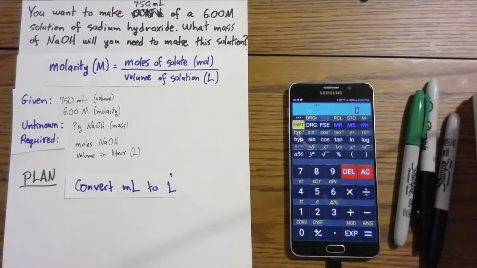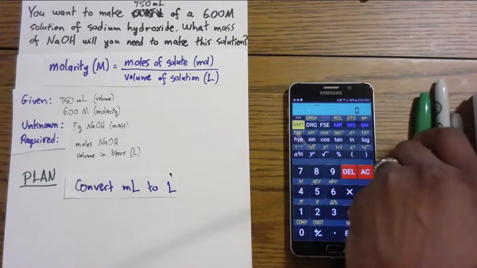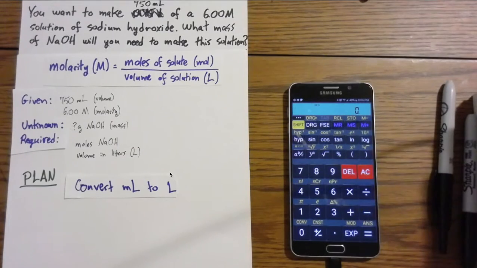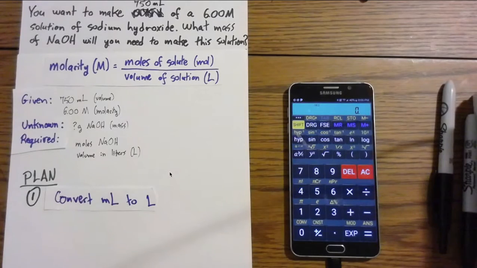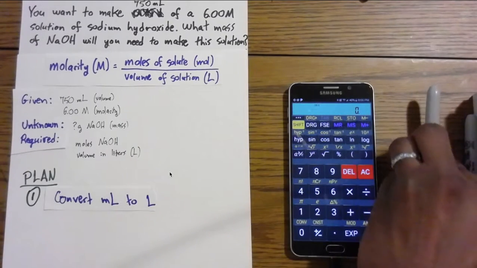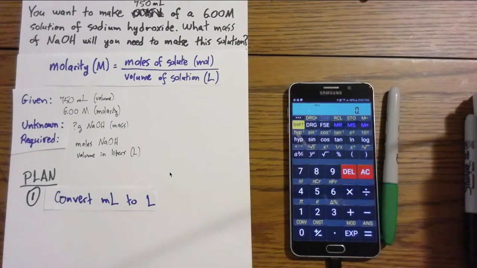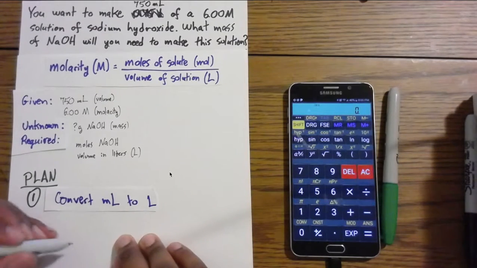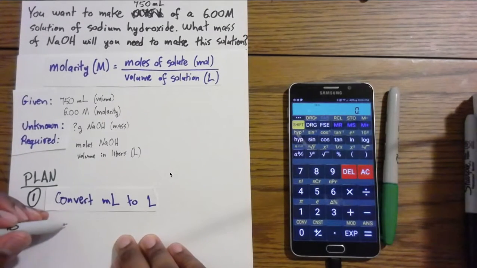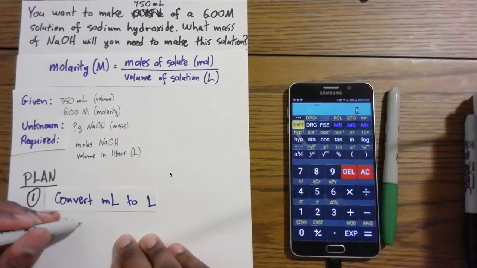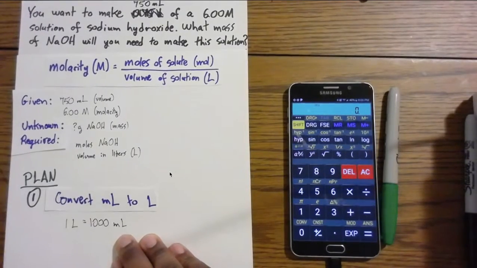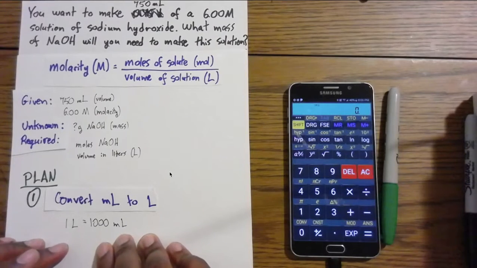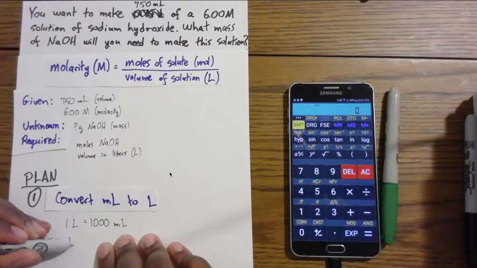So first things first, let's do this quick step and convert milliliters to liters, which is fairly simple. We should be aware that 1 liter equals 1,000 milliliters, and we are given 750 milliliters.